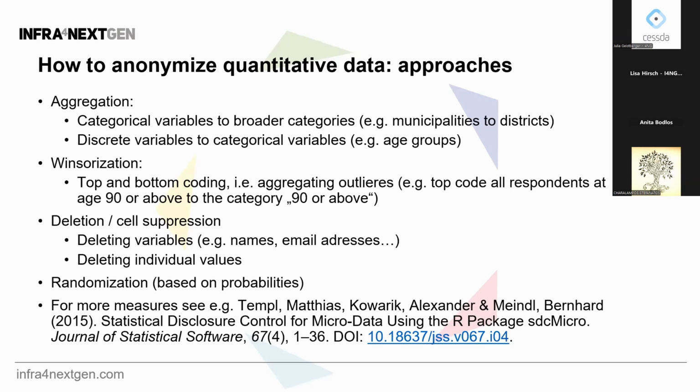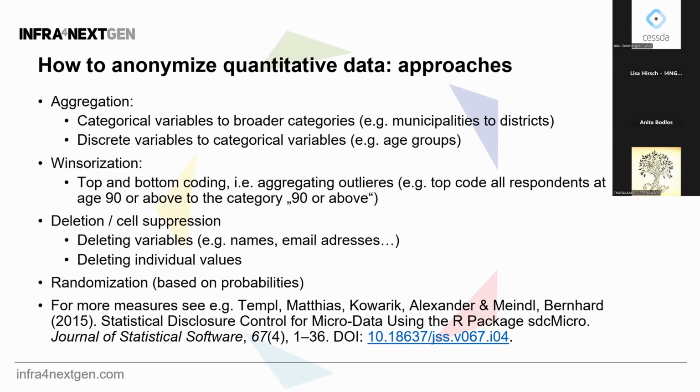Another technique is called deletion or cell suppression, which is basically deleting entire variables, so direct identifiers like names and email addresses, and also deleting individual values if just individual values of specific data subjects could increase this re-identification risk.